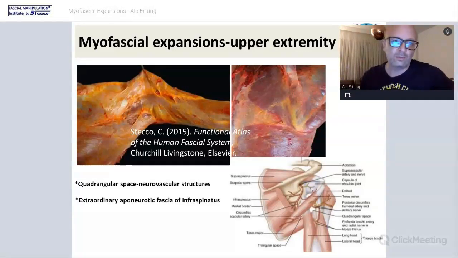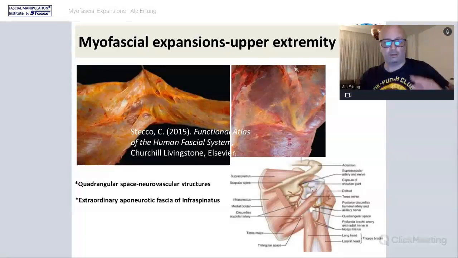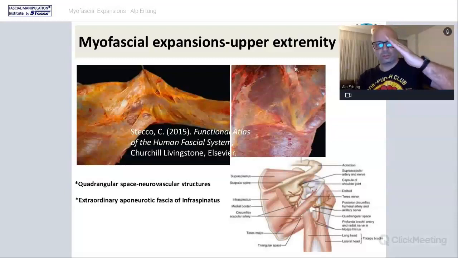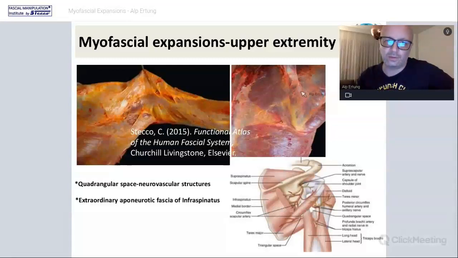It has a lot of wonderful connections between different structures here, as you can see with the deltoid and with the trapezius. This is the myofascial expansion of the trapezius, which comes from its own course but is connected with the extraordinary aponeurotic fascia of the infraspinatus.